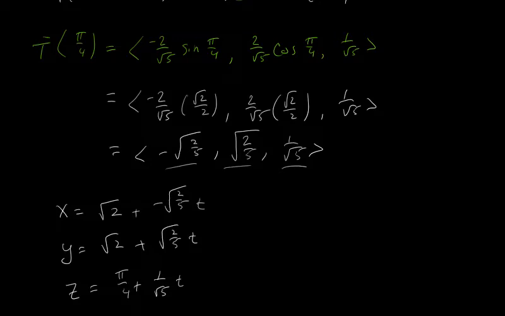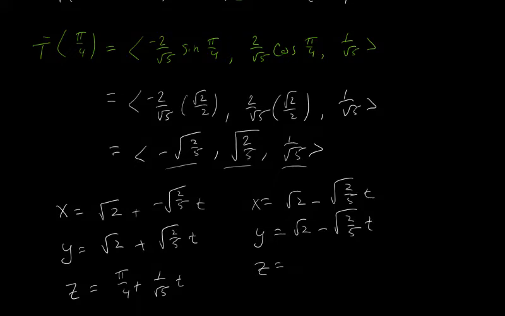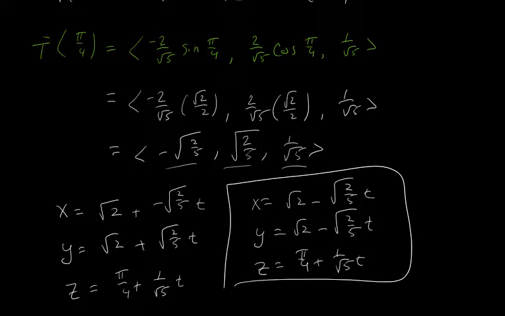I can simplify x a little bit here, and y and z are as they are. And there it is, our parametric representation of the tangent line at the point root 2, root 2, pi over 4.